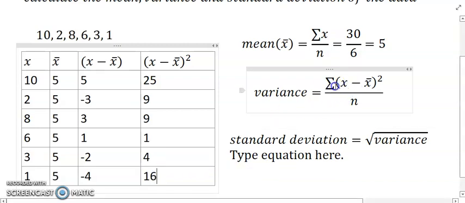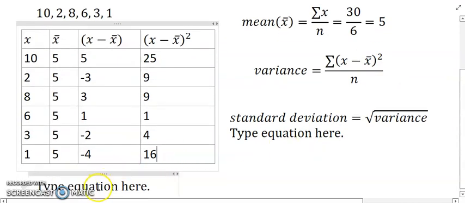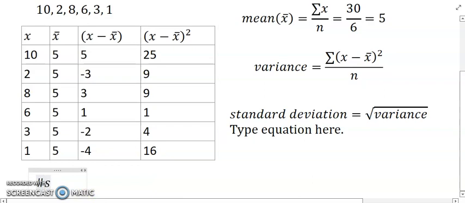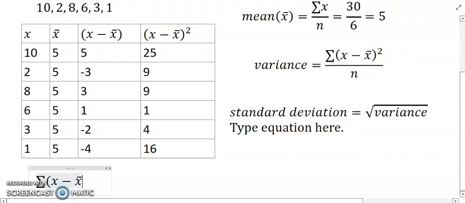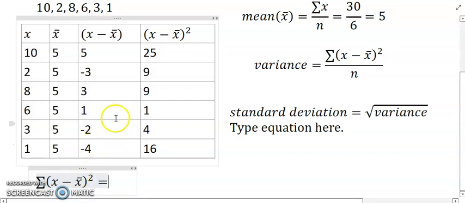Alright, the last step is this one: sigma of x minus x bar all squared. To get this one, we have to sum up all these values.